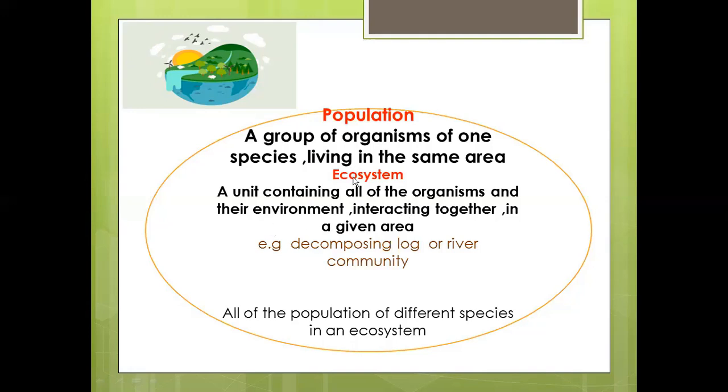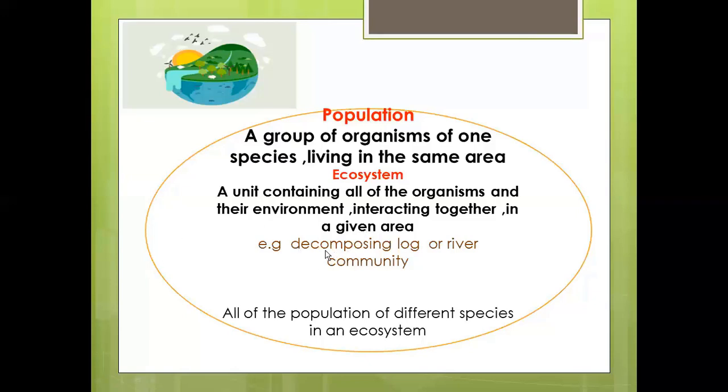So you must make differences between two parts. Number one, ecosystem and population. Population means a group of organisms, maybe plants, maybe animals, found in the same area at the same time. Ecosystem means the unit containing two parts: first, organisms and their environment, interacting together in a given area.